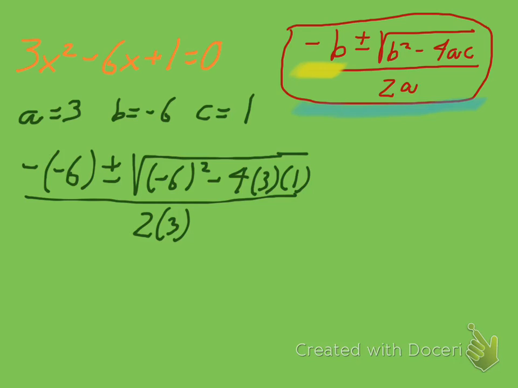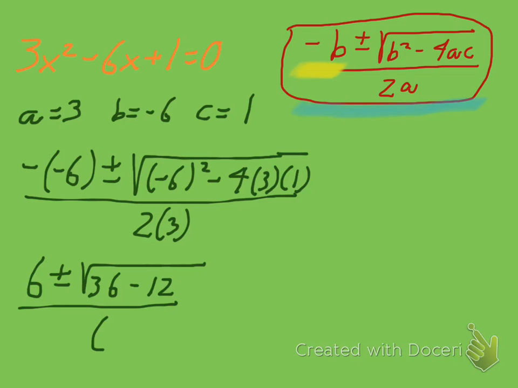Negative times a negative 6 is positive 6, plus and minus. Now negative 6 squared is 36, and 4 times 3 times 1 is minus 12, and that's all over 6. Now order of operations tells us that I need to continue to do the radical or radicand, so I'll subtract the two numbers inside, which is 24, all over 6.